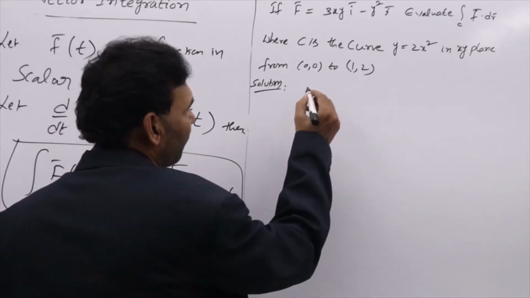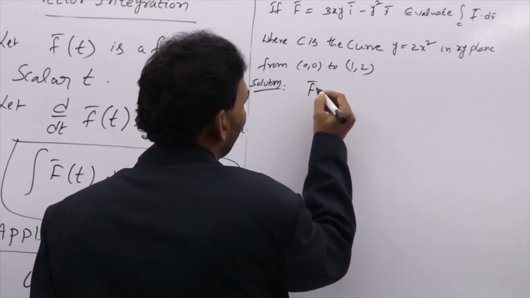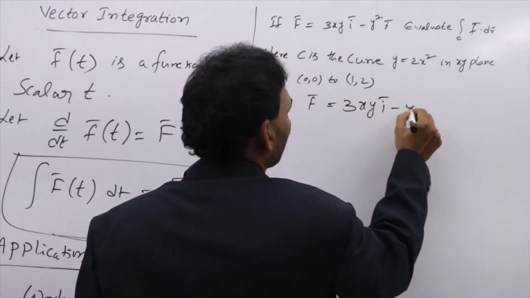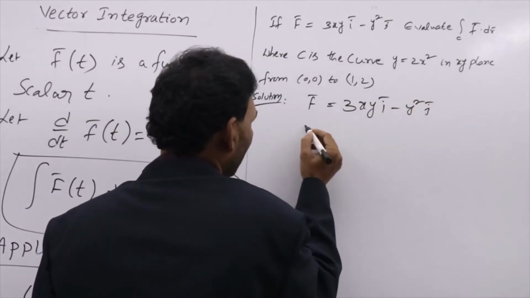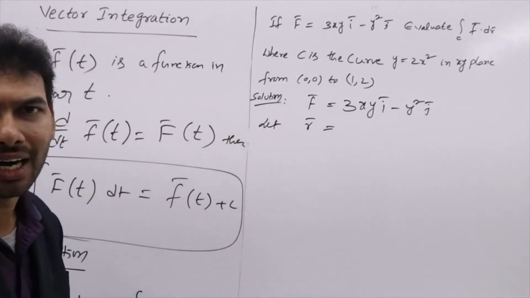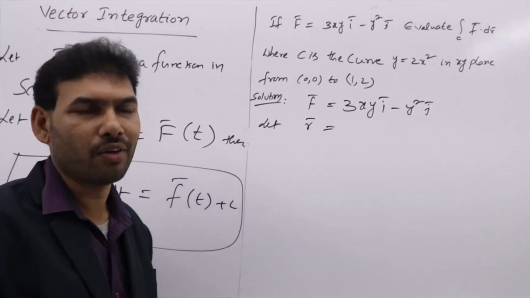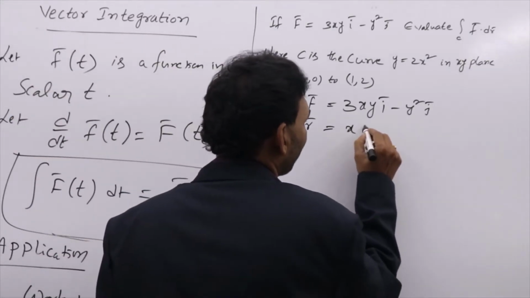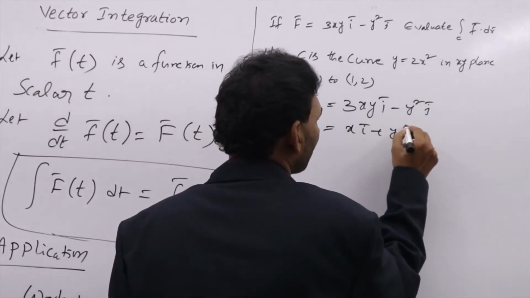Now we are going to evaluate. Here f bar is 3xy i bar minus y square j bar. This r bar is the standard vector which we discussed already: r bar is x i bar plus y j bar.